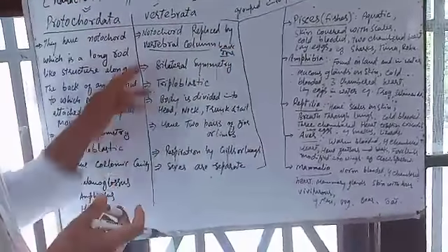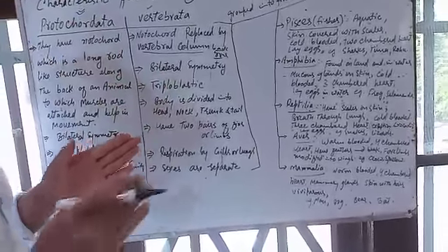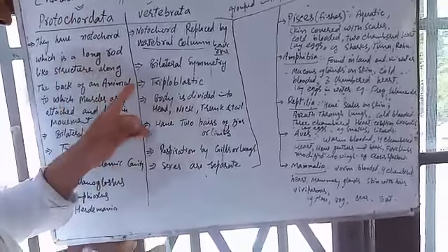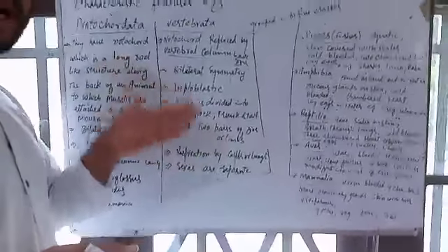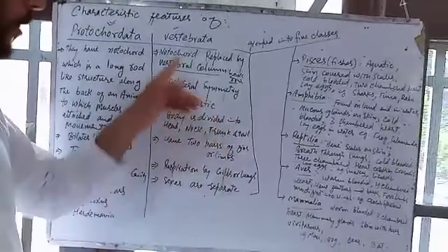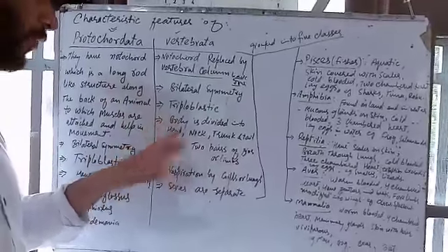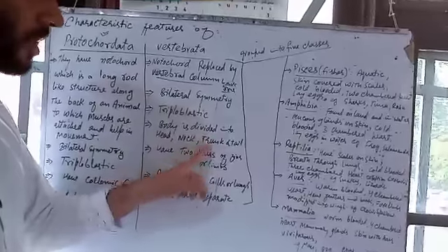Next, they have bilateral symmetry. It can be divided into two equal halves only through a single plane. Triploblastic, having three germ layers: endoderm, ectoderm and mesoderm. The body of these animals can be divided into four parts: head, neck, trunk and tail.